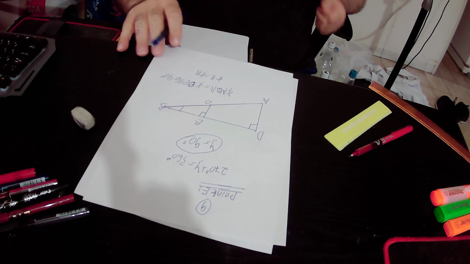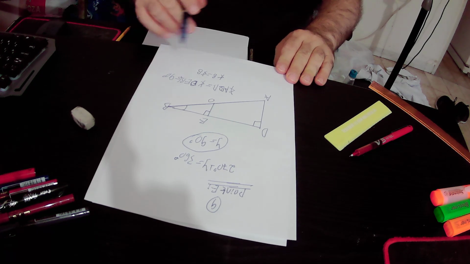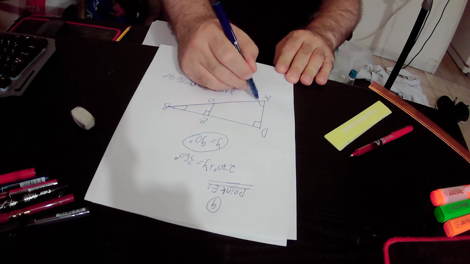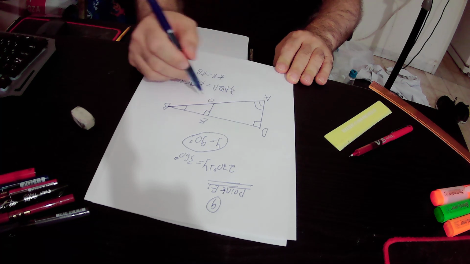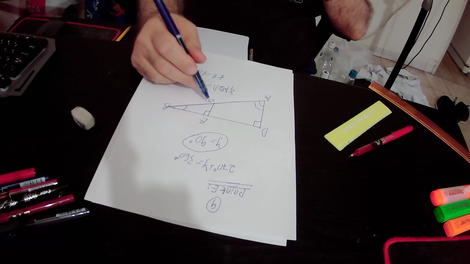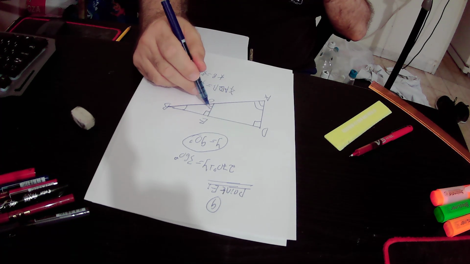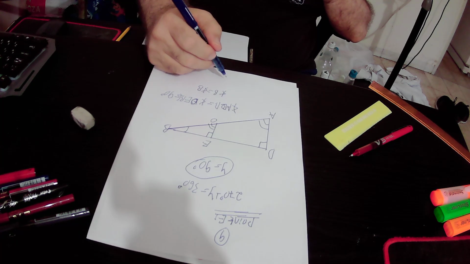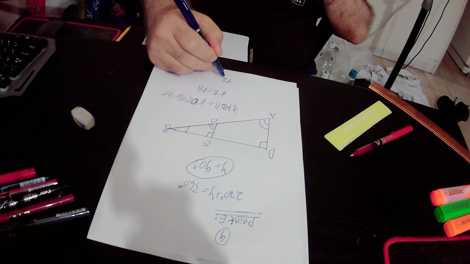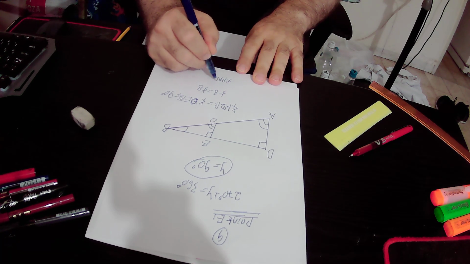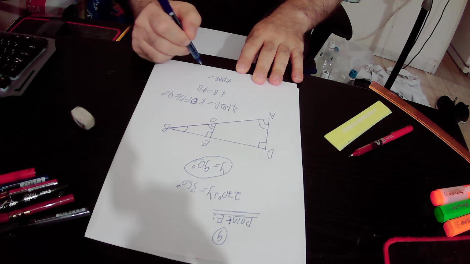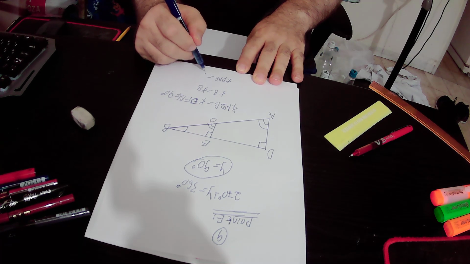And the third angle, angle BAD, this angle also equals angle BOE, this angle. Okay, angle DAB is equal to angle BOE.